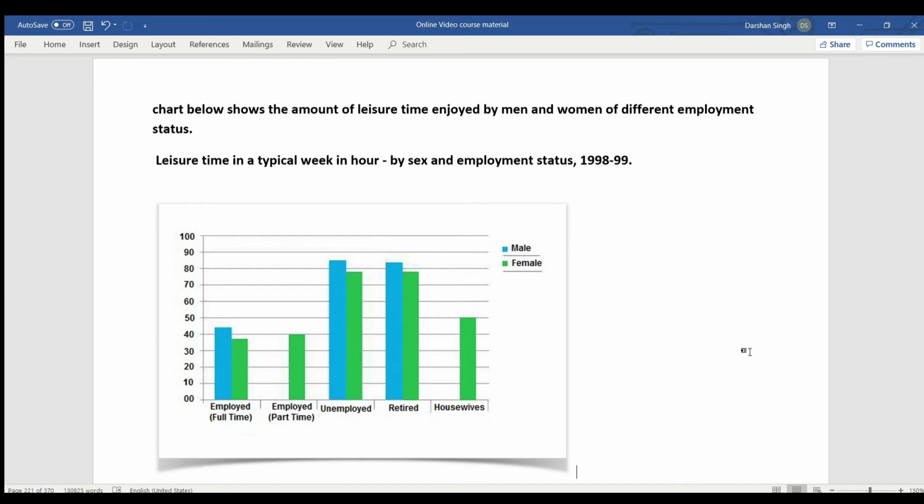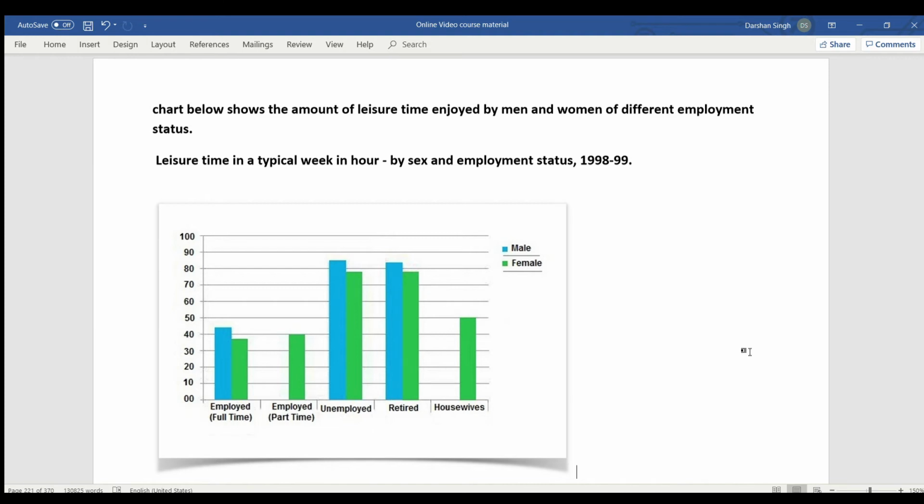So when you summarize the whole graph at the start, the examiner is very comfortable in understanding what points you are going to show, and what is your intention towards the task. So you achieve your task by mentioning the overall at the beginning. So the first para will be the introduction, the second is overall.